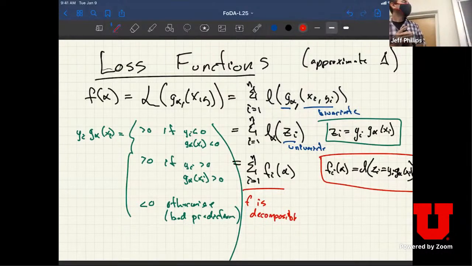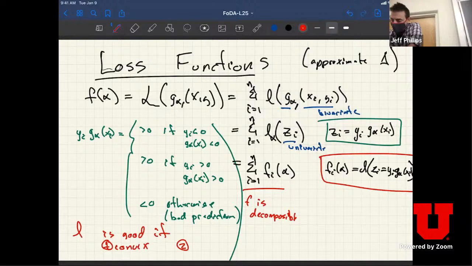Okay, so what this is going to mean is that, let's say the L is good if it's convex. Okay, so the first thing is convex.